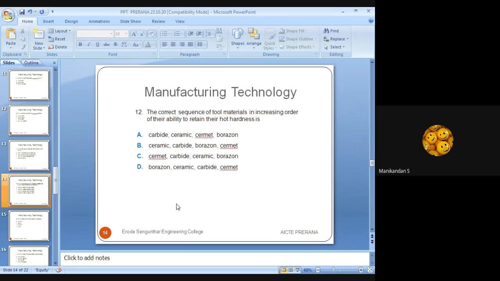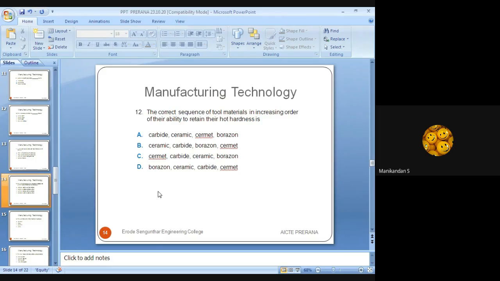The options are: carbide, ceramic, cermet, boron nitride; ceramic, carbide, boron nitride, cermet; cermet, carbide, ceramic, boron nitride; boron nitride, ceramic, carbide, cermet. The important key here is hot hardness.